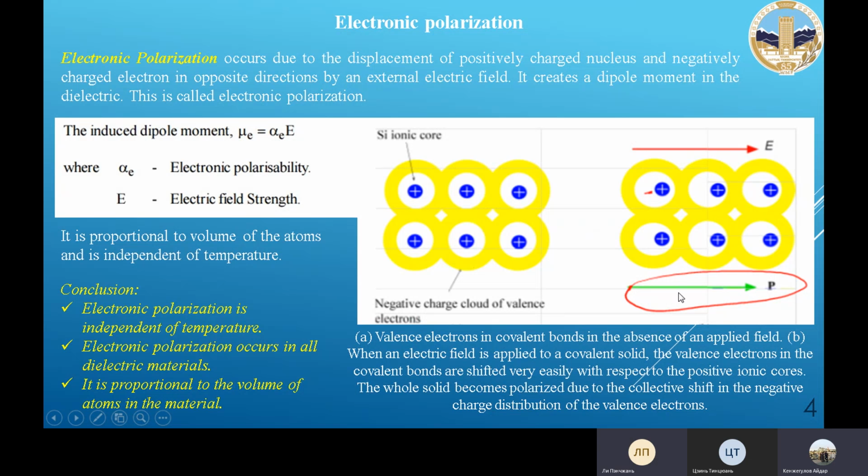The whole solid becomes polarized due to the collective shift in the negative charge distribution of the valence electrons. So in conclusion, electronic polarization is independent of temperature. Electronic polarization occurs in all dielectric materials. It is proportional to the volume of atoms in the material.